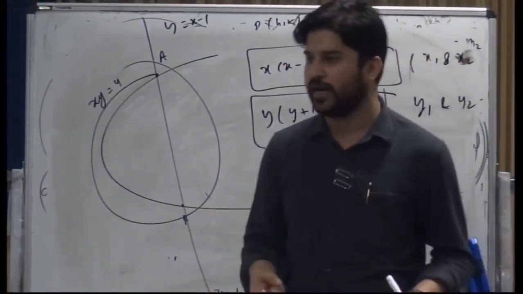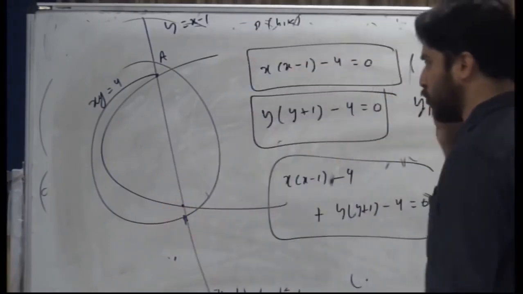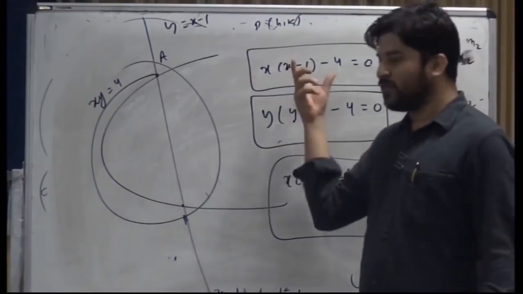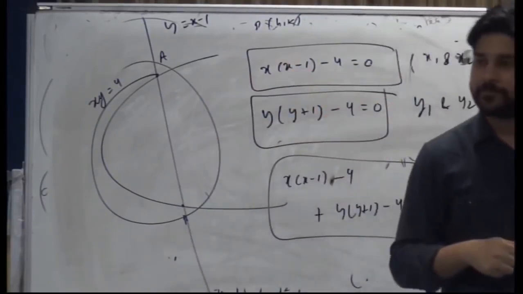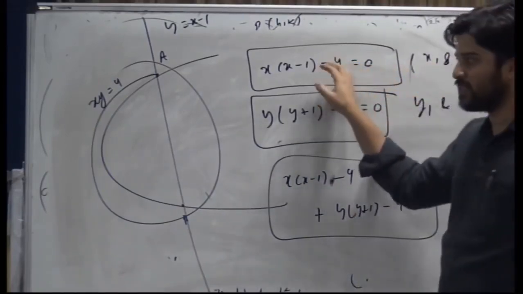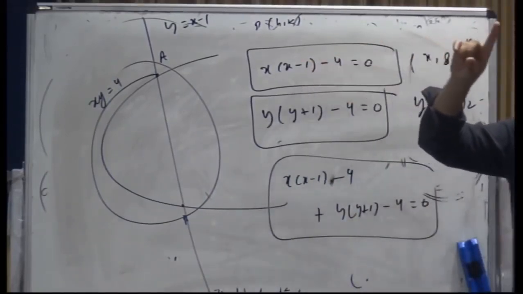You cannot write it until you know x1, x2, y1, y2. So the first step is finding x1 and x2, so you write the equation and then you realize you don't have to solve it. Solving this equation will give you x1, x2, and you know the coefficient of x square is 1.